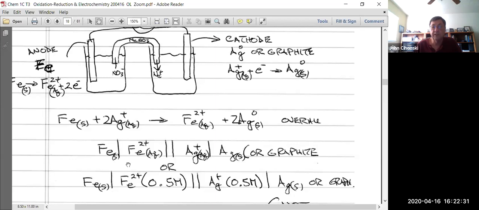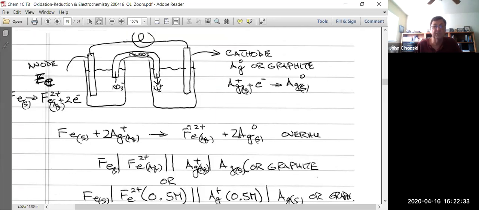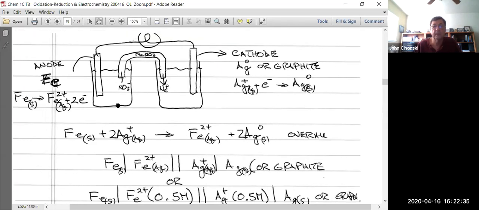So if we draw the cell, in fact, well, let's just do this up here first. Okay, we know the anode is going to be an iron. We know that iron solid is here. It's going to form iron 2+ in solution. Okay, we could write that here, and we know it gives up 2 electrons. The 2 electrons come over here.